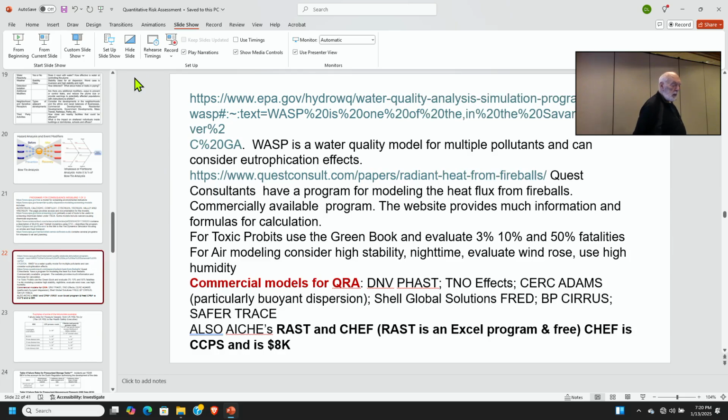And there's one from AIChE, which is RAST and CHEF. RAST is an Excel program. I don't think too much of it. CHEF is available and is consequence modeling, but it's $8,000 a year for subscription. So it's kind of expensive.